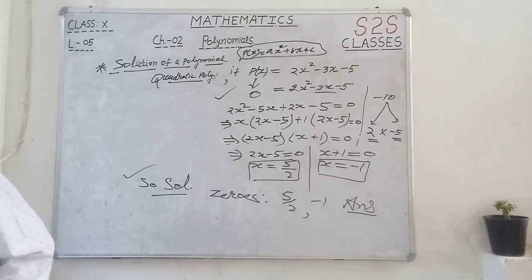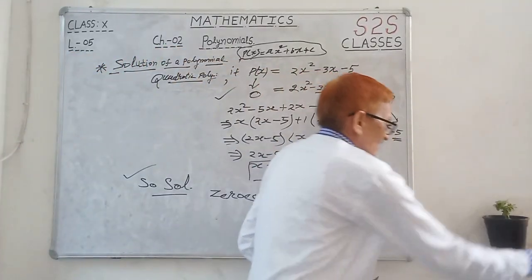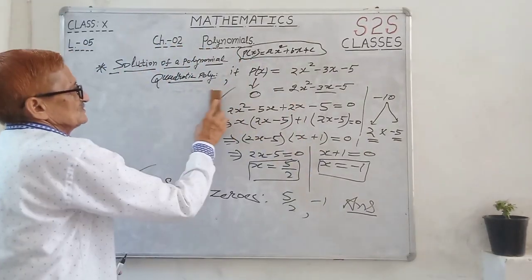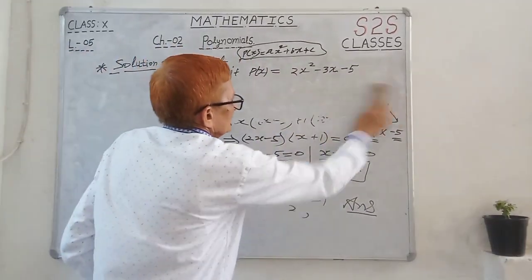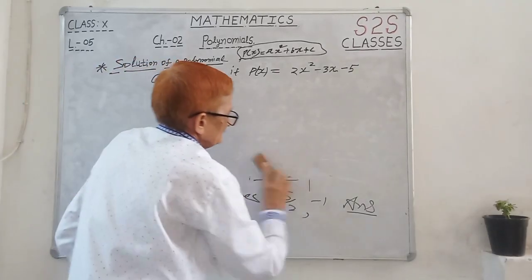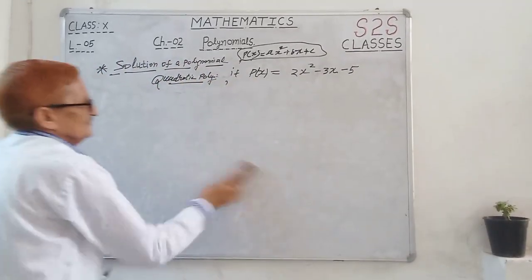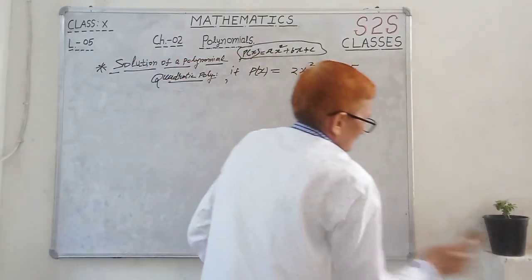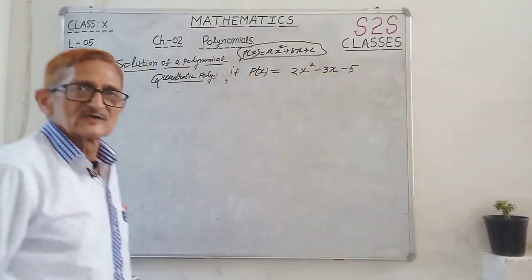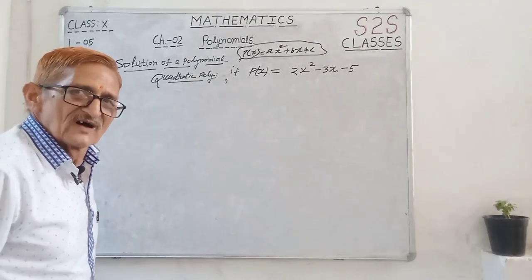One more method. The same example I want to tell by the other method, 2x square minus this. Now the other method is for where splitting is not possible, and that is called the quadratic formula.